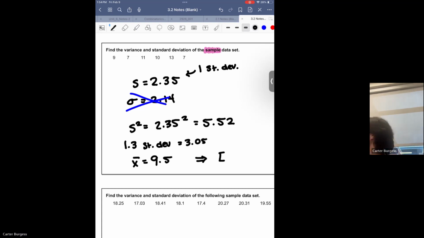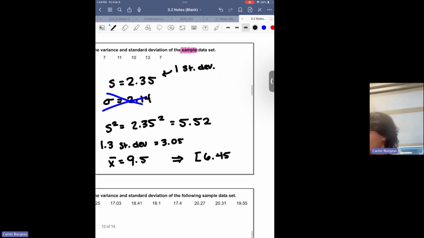Yeah, so below the mean, we would see like 6.5-ish. Maybe we'll call it, just for the sake of rounding, 6.45. And then 3.05 above would be like 12.55. Above the mean, above the 9.5.